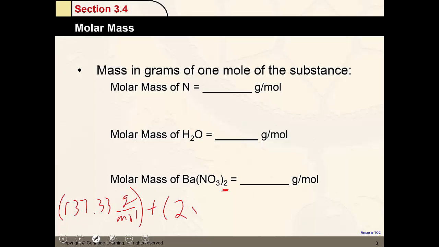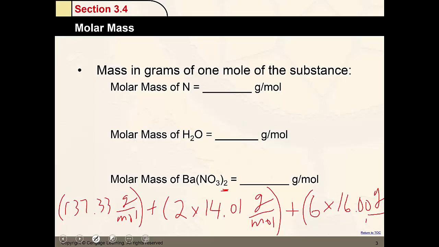So we have 2 nitrogen atoms, so 2 times 14.01. And now we have to add, so 2 times 3, there are 6 oxygen atoms in Ba(NO3)2, so 6 times the mass of oxygen, so 6 times 16. And when you add those up together, you get a molar mass of this compound of 261.35 grams per mole.